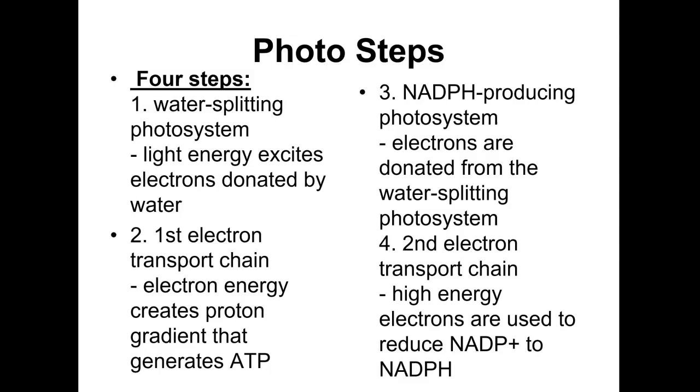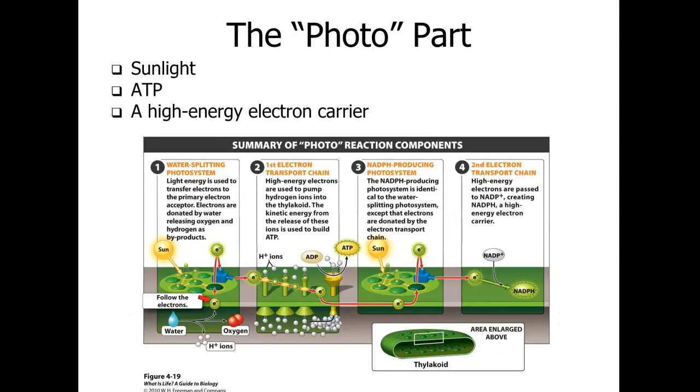The third, the NADPH producing photosystem, is going to have electrons that are donated from the water splitting photosystem. And then the second electron transport chain is going to have high energy electrons that are used to reduce NADP+ to NADPH. And those are going to be electron carrying molecules.